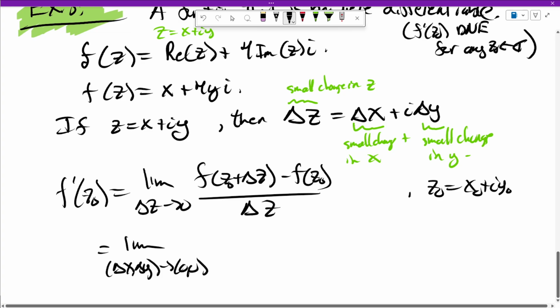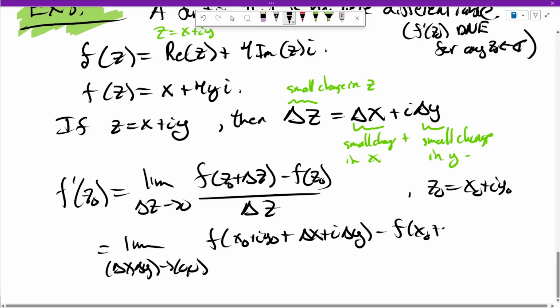Both of these guys have to go to 0. f of x naught plus iy naught plus delta x plus i delta y minus f of x naught plus iy naught, over delta x plus i delta y.